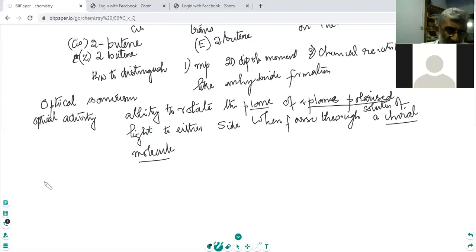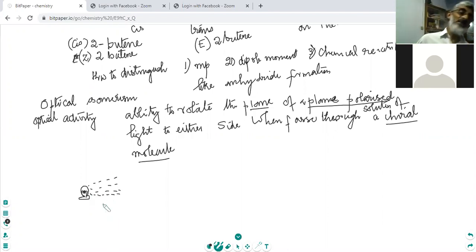Plane polarized light. See here, I have ordinary light. It's a small coil. So we have the ordinary light. I told you plane polarized light is an electromagnetic radiation.